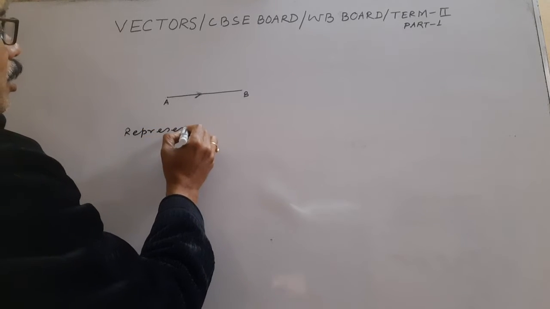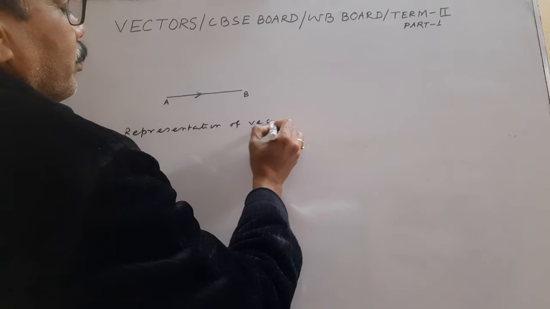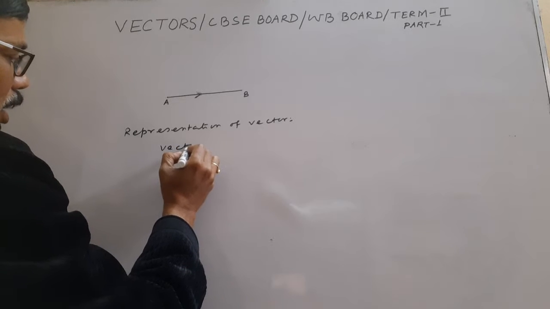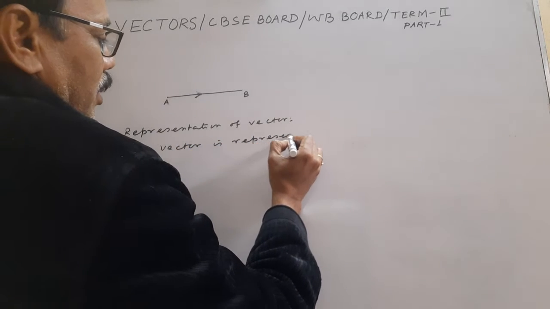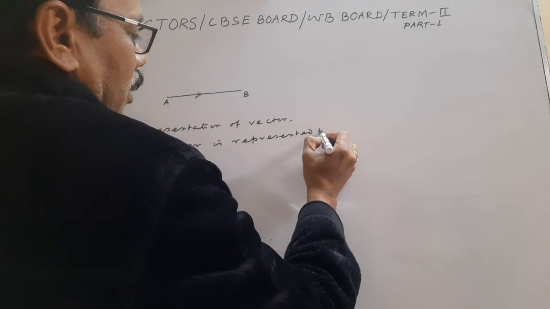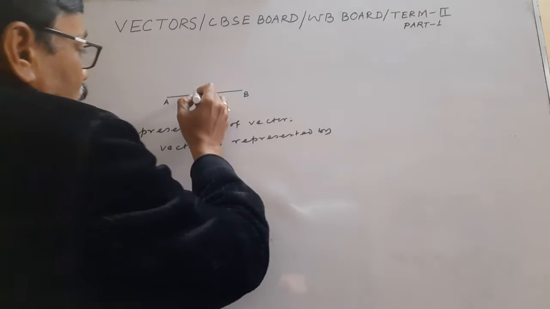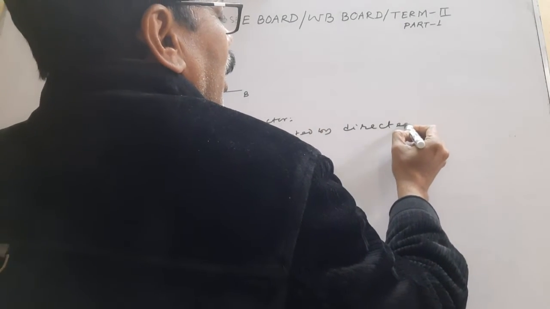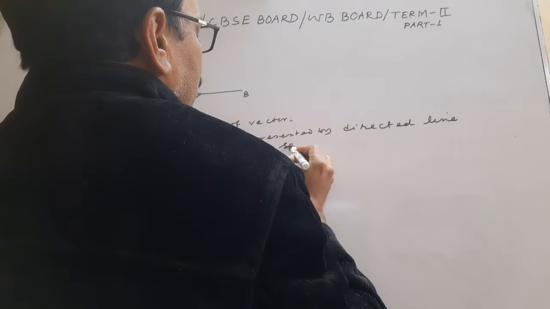Representation of vector. A vector is represented by a line segment with direction. That is why it is called a directed line segment.